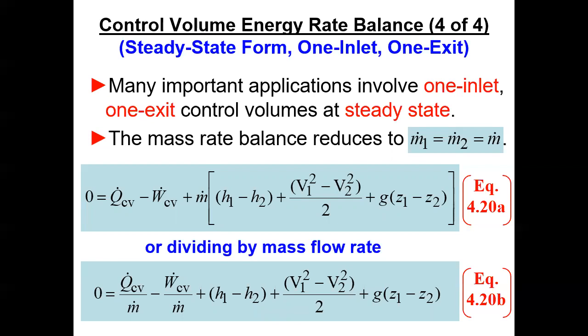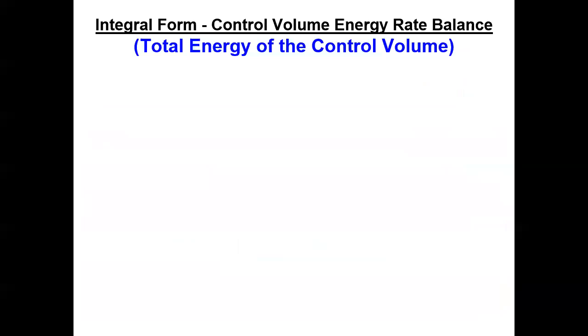And some problems require one or the other. But if you see something like heat transfer, like megajoules per kilogram or something, then it just means that they have divided through by the mass flow rate. Okay.